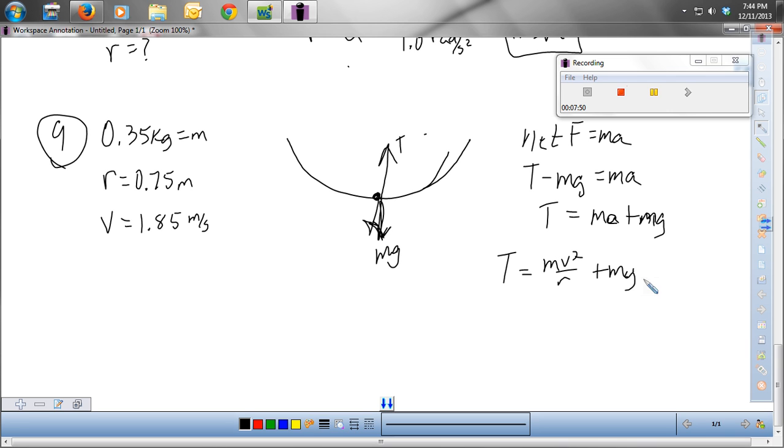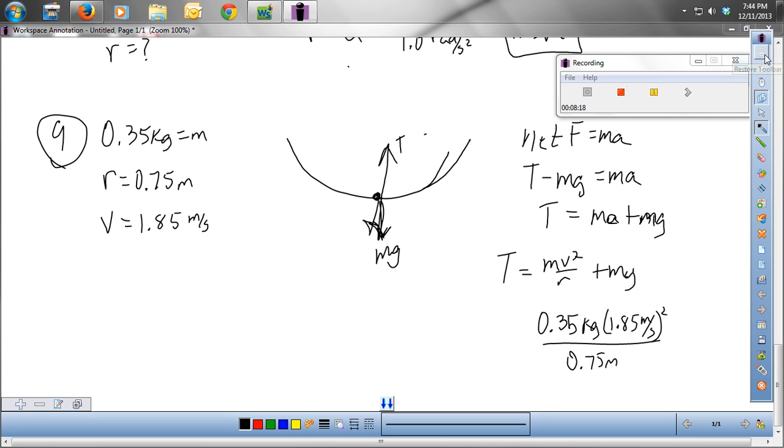And so I just plugged in some numbers that I knew. So I had my mass of 0.35 kilograms. My speed was given to me as 1.85 meters per second. Don't forget to square it. Radius of the circle was held to 0.75 meters.